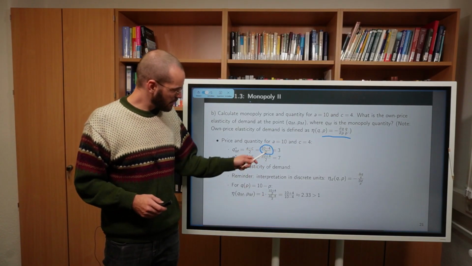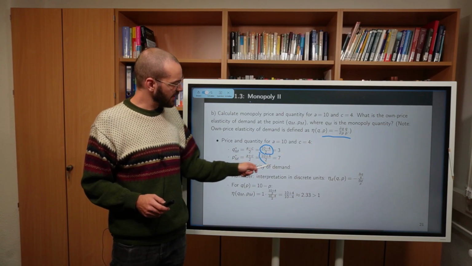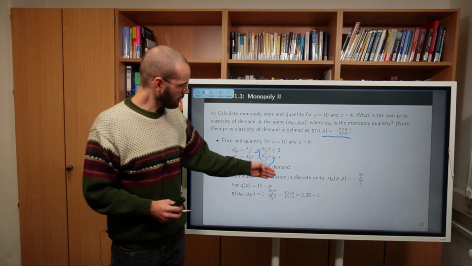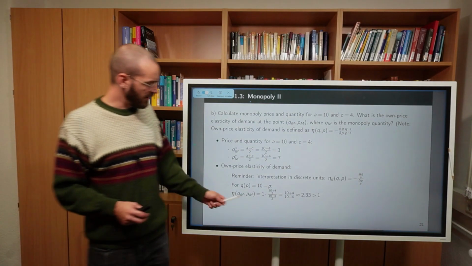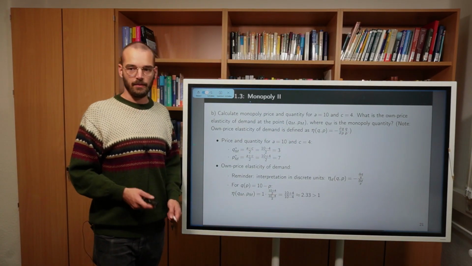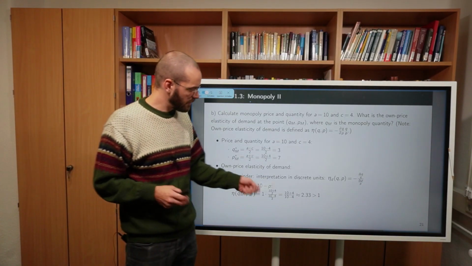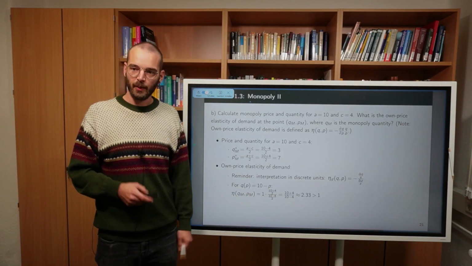And this whole fraction is then divided by P, which we identified to be (10 plus 4) divided by 2. So we plug in all of these numbers and find out that the own price elasticity in this particular scenario for this particular set of parameters turns out to be approximately 2.33, which is larger than 1.